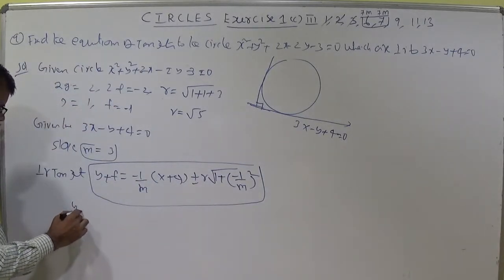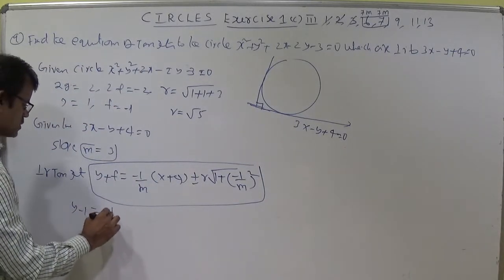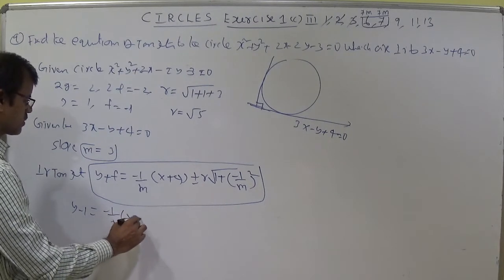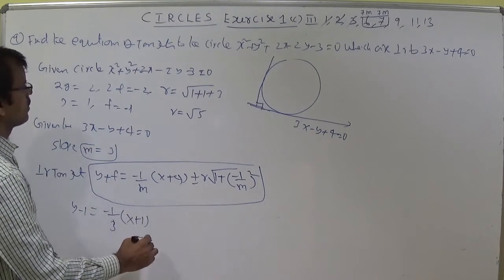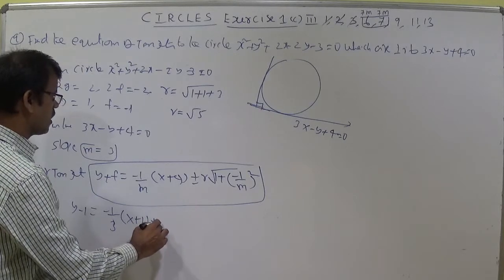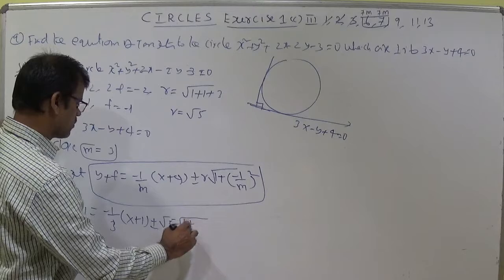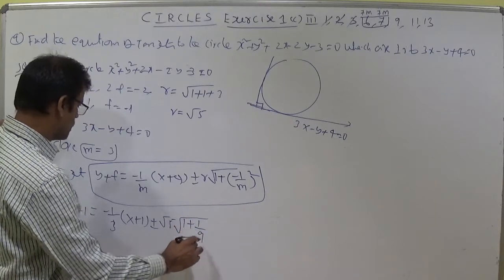Y plus f here: y minus 1 is equal to minus 1 by 3 into x plus 1 plus or minus r, that is root 5, into root of 1 plus 1 by m square, 1 plus 1 by 9.